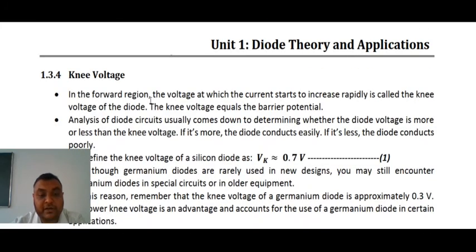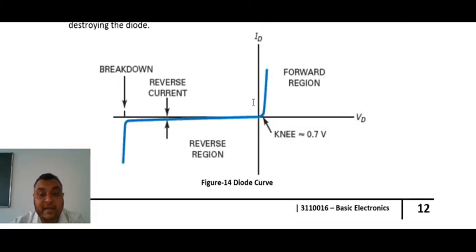Okay, so in the forward region the voltage at which the current starts to increase rapidly, जिस वोल्टेज पे करंट स्टार्ट करता है इंक्रीज होने का रैपिडली. सो यहाँ से स्टूडेंट देखिए आप, यहाँ तक तो नॉर्मली ये जीरो पे अलाइन कर रहा है, लेकिन after getting this value it will increase rapidly over here. Okay, so that is the voltage at which this current is going to increase rapidly, this is known as your knee voltage.